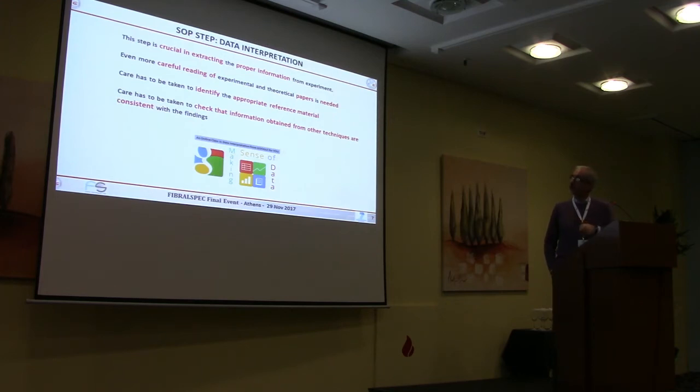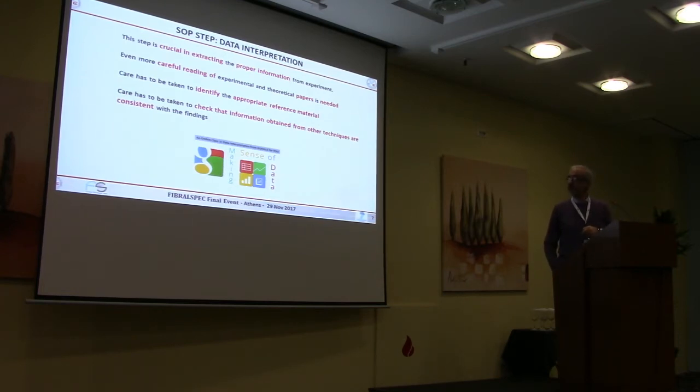Okay, then the other final step is data interpretation. And here again, you have to be very careful because this is what you are looking for. You don't really want to make measurements, you want to get information. And then you need to make measurements to get information. So again, you have to read all the papers carefully, and in the papers try to look for appropriate reference material, because otherwise you might refer to material which is not exactly your own.